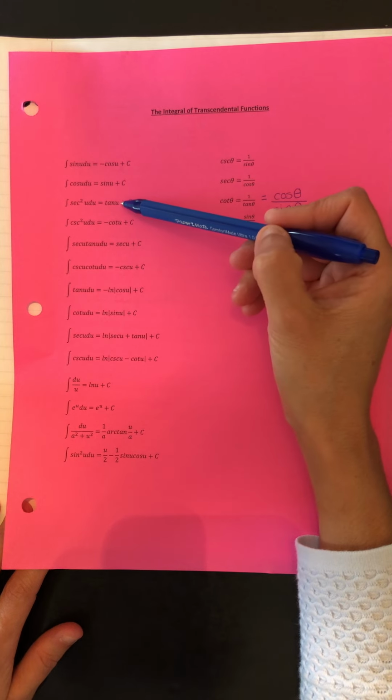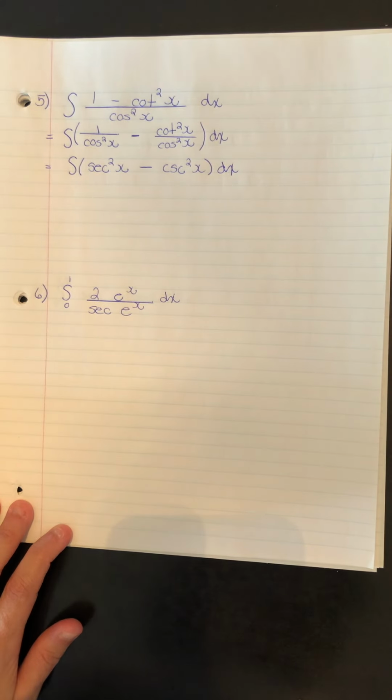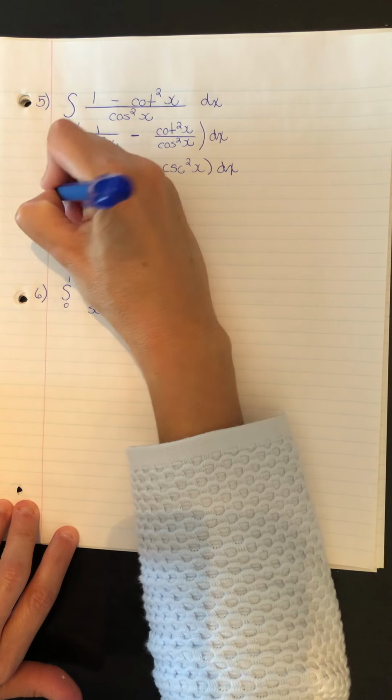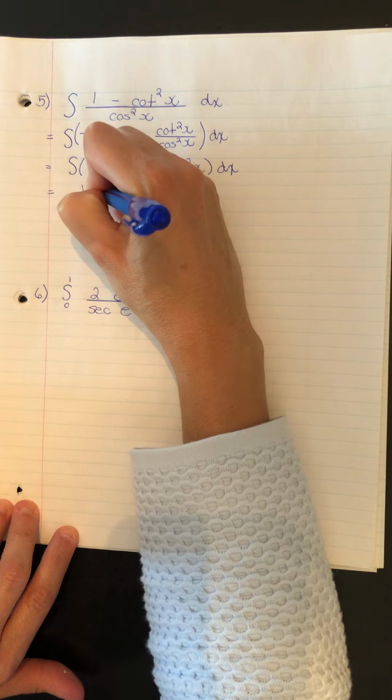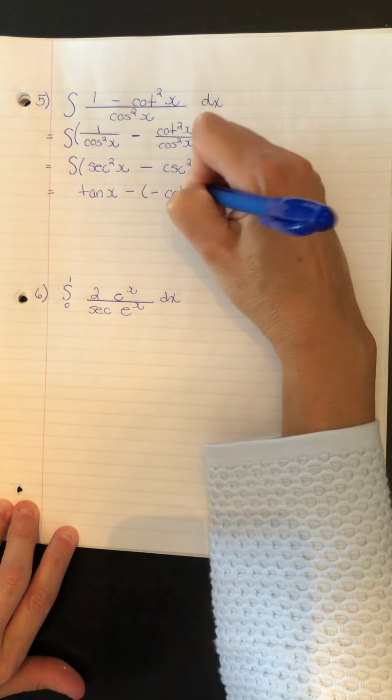All right, so we're going to have tangent minus a negative cotangent. So we have tangent of x minus a negative cotangent of x.